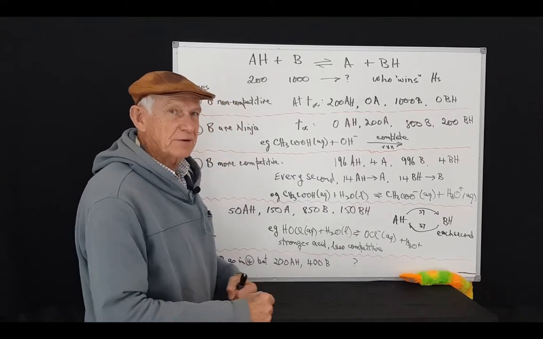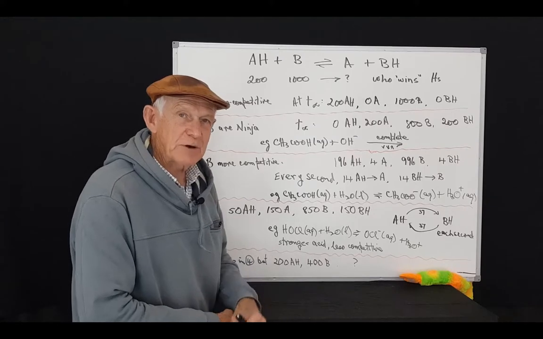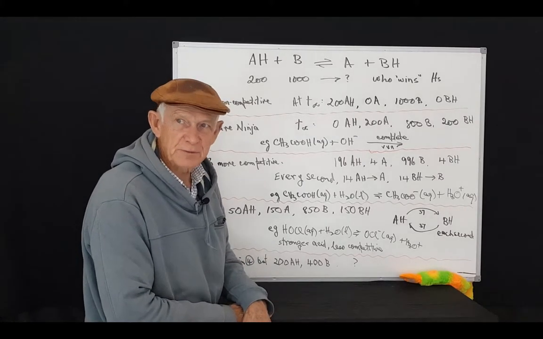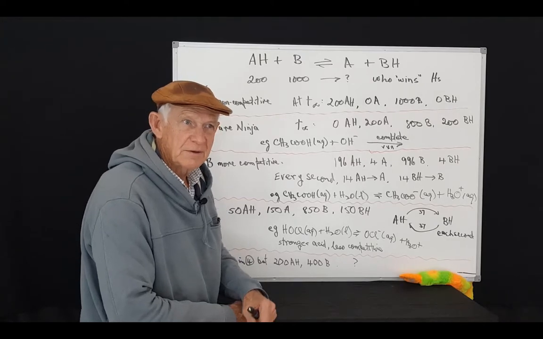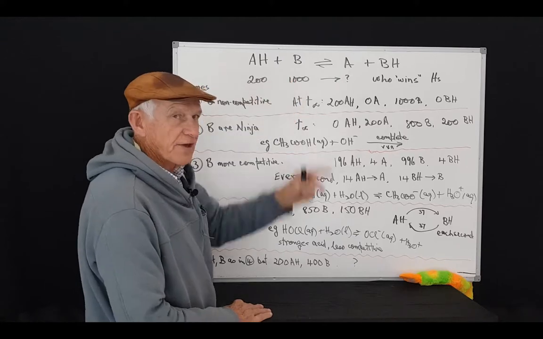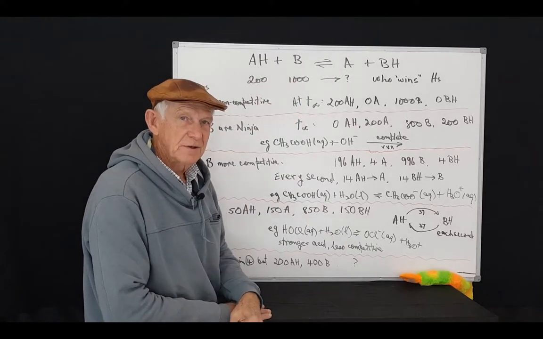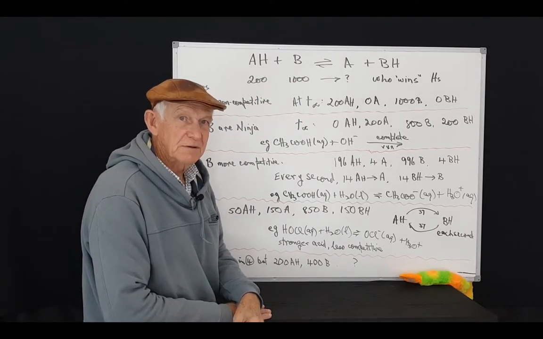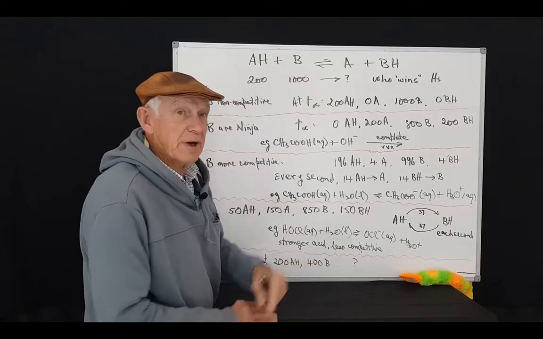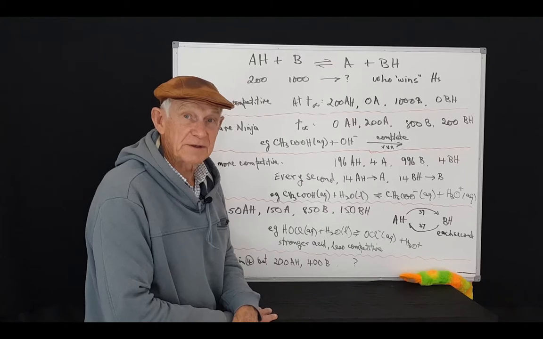On come 1,000 B players, and every one of them's a ninja warrior, and they are hungry for footballs. So we have 200 of these, 1,000 ninja warriors. What do you think happens? Yeah, in a flash, all the footballs are grabbed by the ninja warriors, the B's.